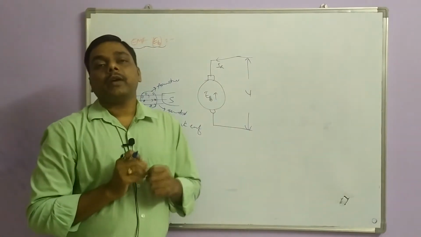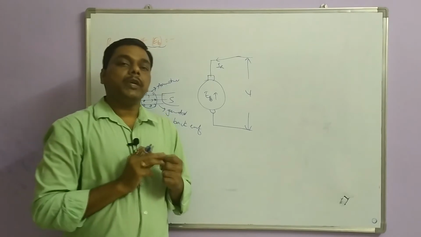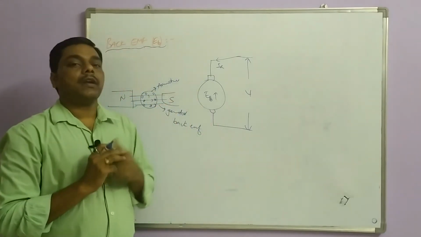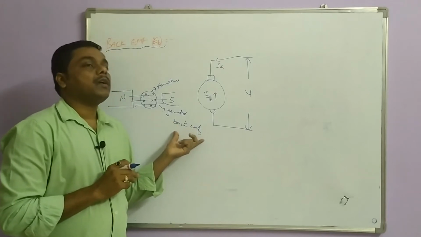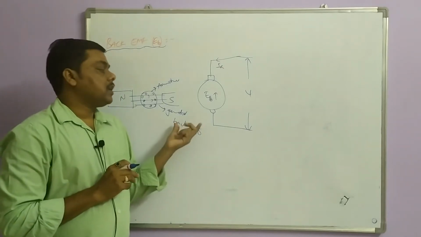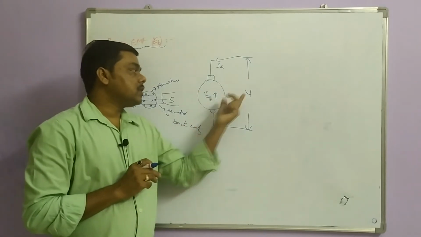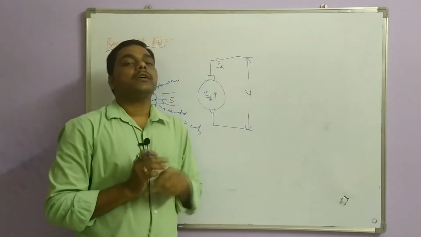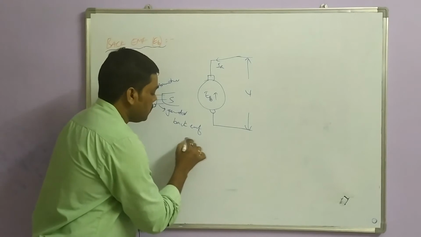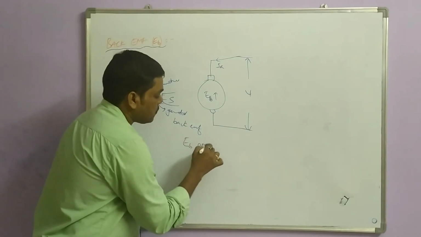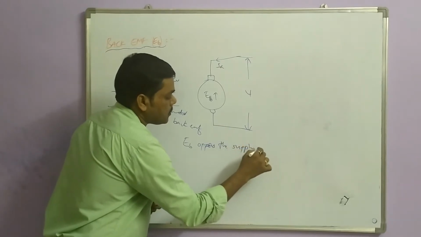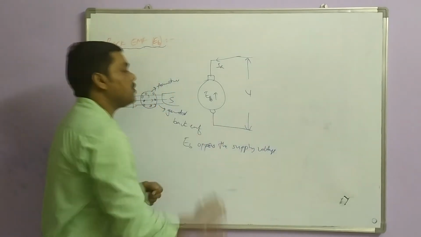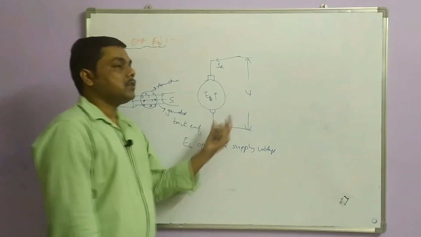As per Faraday's laws of electromagnetic induction, EMF will be induced in the armature conductors, and that is called the back EMF because it backs the supply voltage and opposes the supply voltage. So Eb opposes the supply voltage.